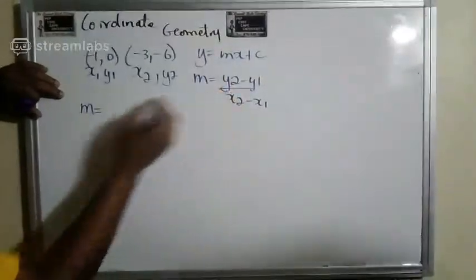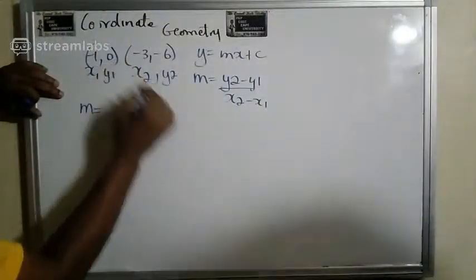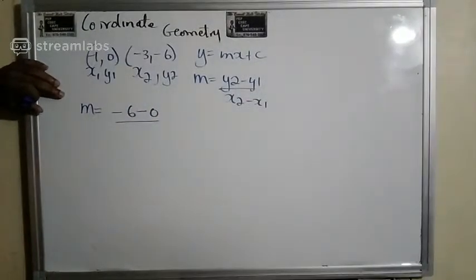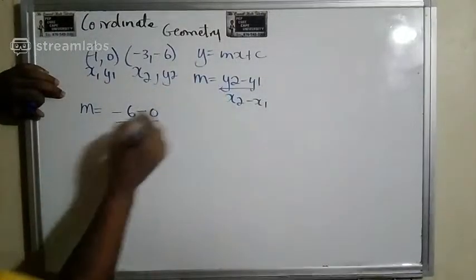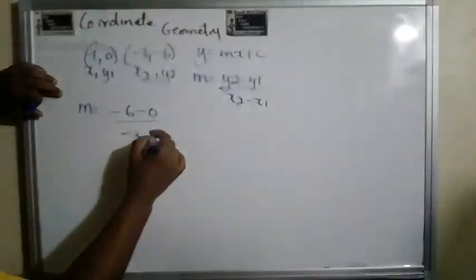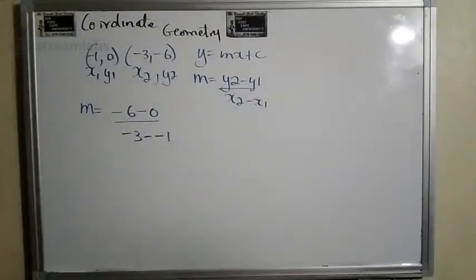So now we're going to put in what we know. So y2 would be negative 6 minus y1, which is 0 in this case. And now x2 would be negative 3 minus 1. And then we do the maths.